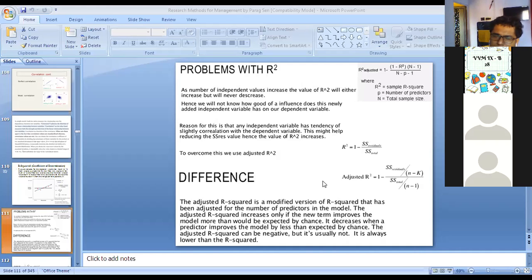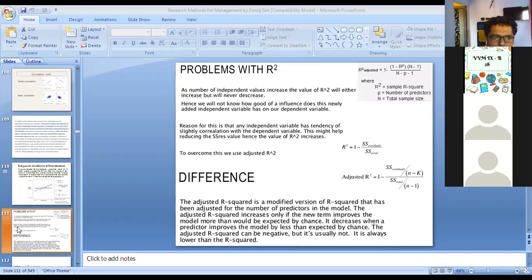Otherwise, if you increase the sample size and it is by chance, with no relationship at all, then adjusted R square will never increase. It may even decrease, but it will not increase. That's why the adjusted R square concept has come.